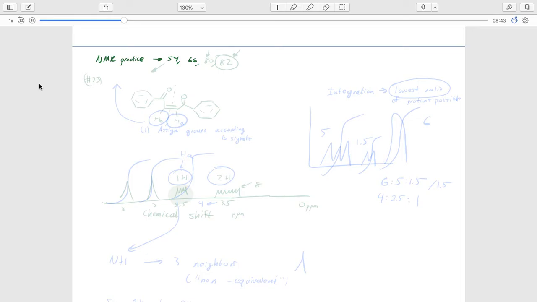I guess 73 would be a good one too. That's 72. 80 and 82. These are the problems, especially 82, that I would recommend working through in order to get a better gauge of where you're at.